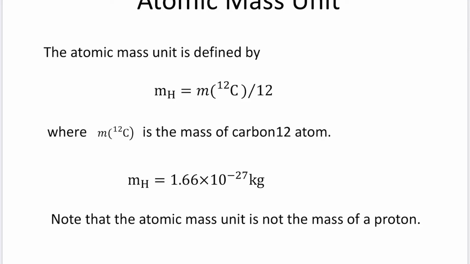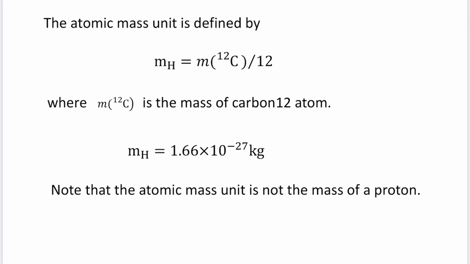M sub h is defined as the mass of carbon-12 divided by 12. So M sub h is expressed as 1.66 times 10 to the minus 27 kilograms. This is important. The atomic mass unit is very close to the mass of the protons, but it's not the mass of the protons. Very close, but not the mass of the protons.